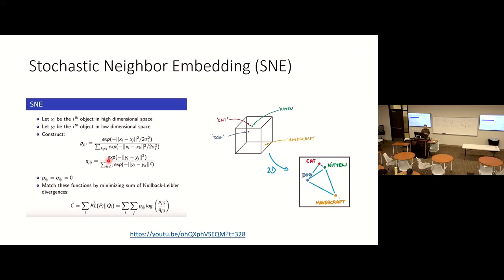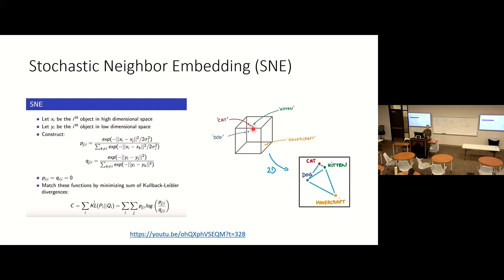Okay, so basically it's a probability. The goal for this embedding is, in a high dimensional space, your data points, for example, cat with kitten and dog, hovercraft. If their relationship is close to each other, then your p between i and j is relatively high, and then you want to transform this relationship to a low dimensional space, keeping the probability of being neighbors the same.